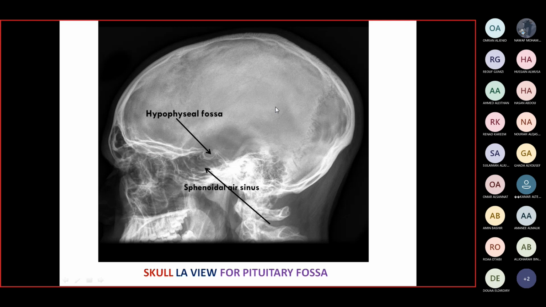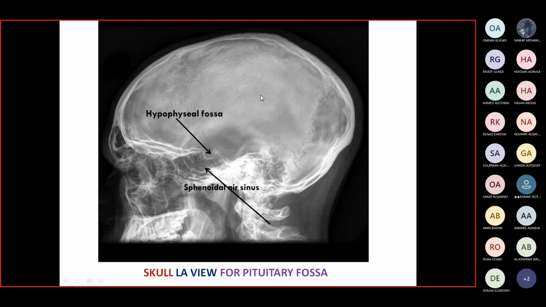This is a plain X-ray, a conventional X-ray, lateral view. In this part, you can see the sella turcica. Within this fossa, the hypophyseal fossa, the pituitary gland is located.